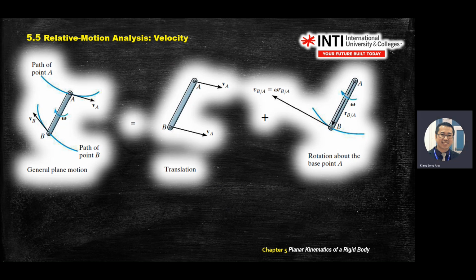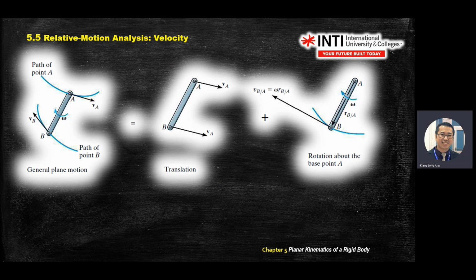So A points this way, B points this way, and the direction is always tangent to the curve, right? So for general rotating motion, you can combine translation and rotation to achieve this. So V A and V B both move in the same direction, like your eyes and mouth, you move in the same direction. V A equal to V B.